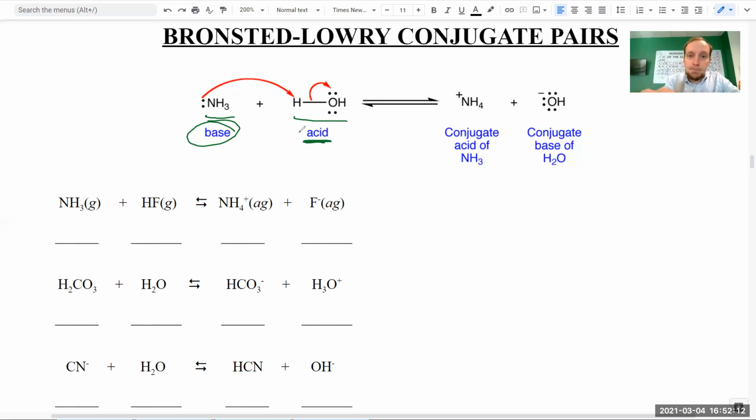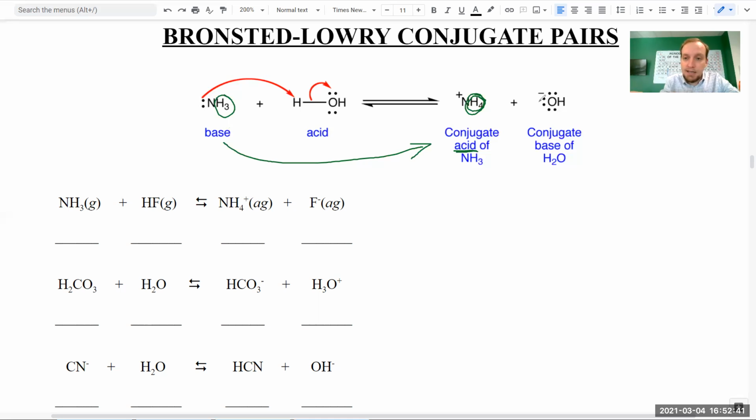Now, knowing that, NH3, when it gets the proton by giving away its electron, will become a conjugate acid. Why? Because we have one additional H. This one has one more H than this one. Therefore, this would be an acid, again, a conjugate acid of the ammonia. Conversely, we have H2O right here.